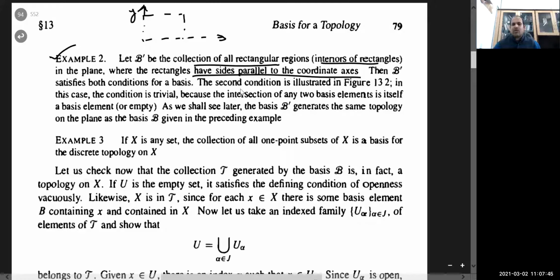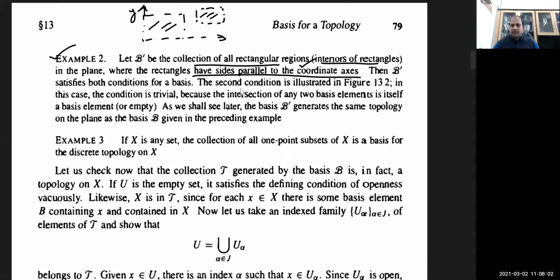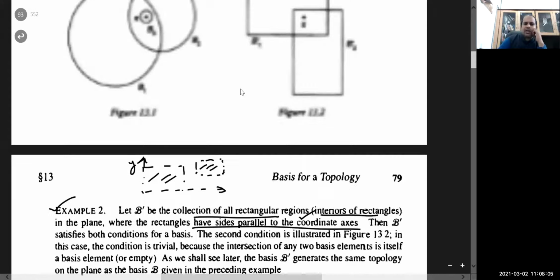If we have the collection of all those rectangles, then the claim is that this collection of all those rectangular regions is again going to satisfy the condition of a basis. See how?